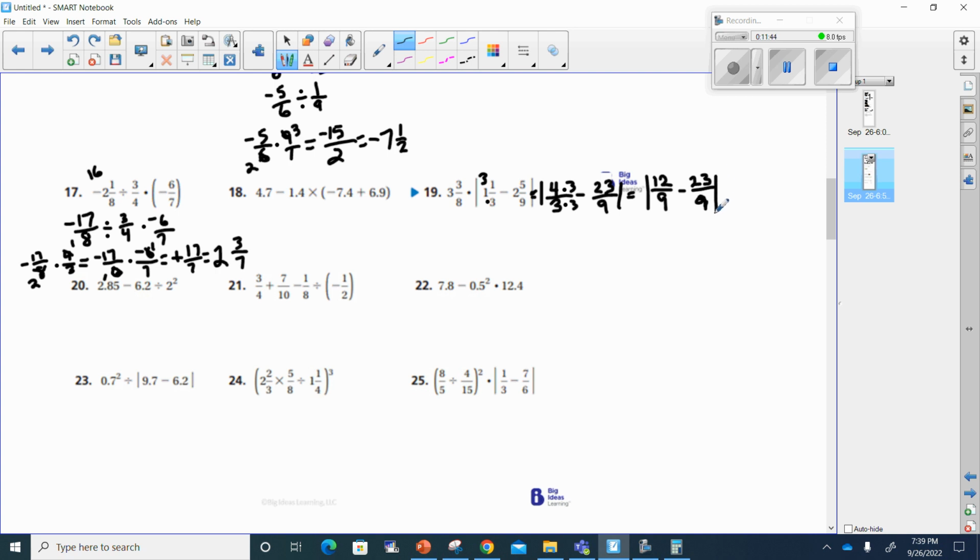So I'm going to subtract. This is 23 minus 12, which is 11. And so this is going to give me a negative 11 over 9. We know that any absolute value is positive. So this is going to be 3 and 3/8 times 11 over 9.